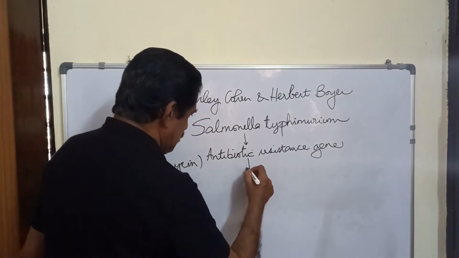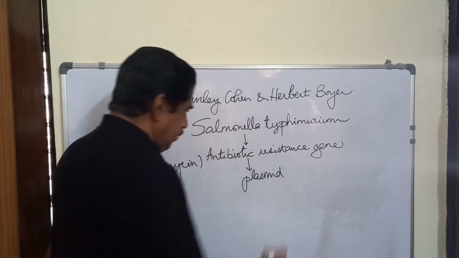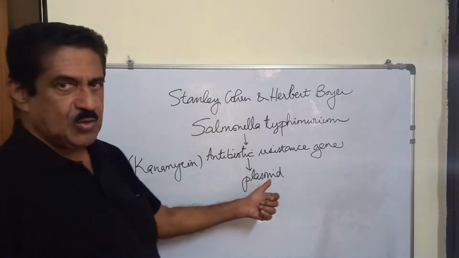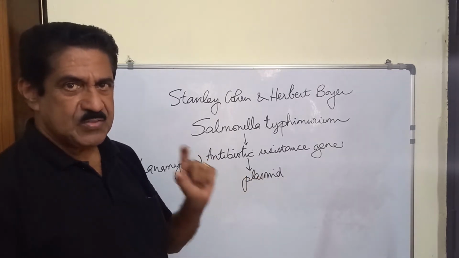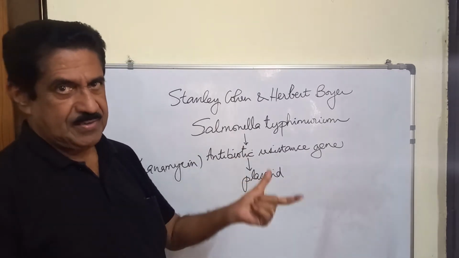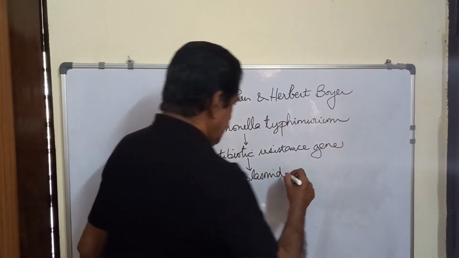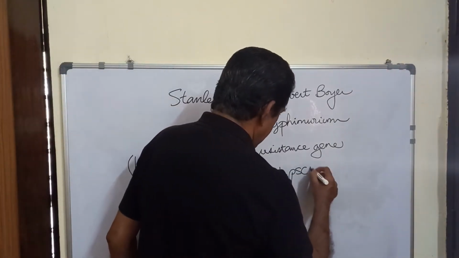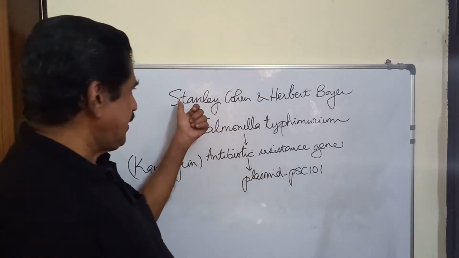They put it into a plasmid. Plasmid, as we know, is a circular extrachromosomal DNA which can be used as vectors or carriers of genes. The plasmid used was called pSC101. It was a plasmid created by Stanley Cohen.